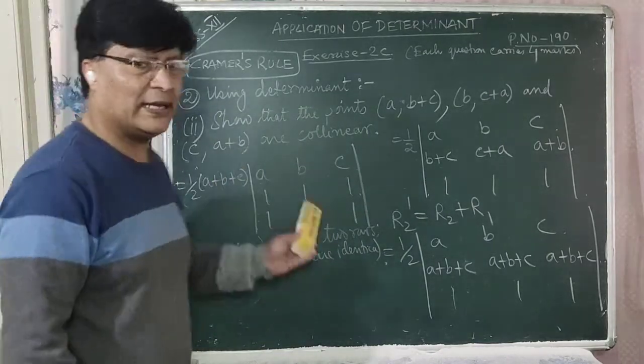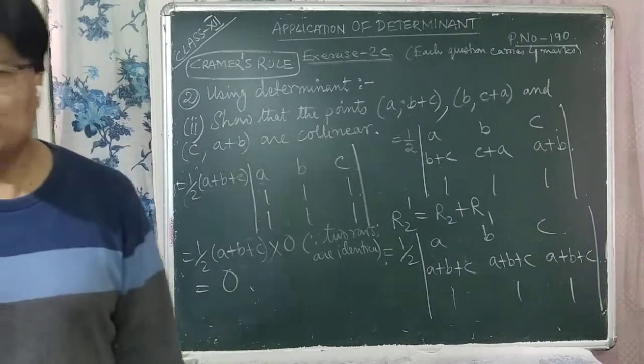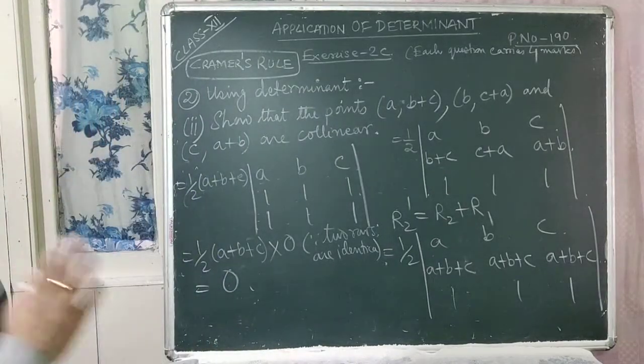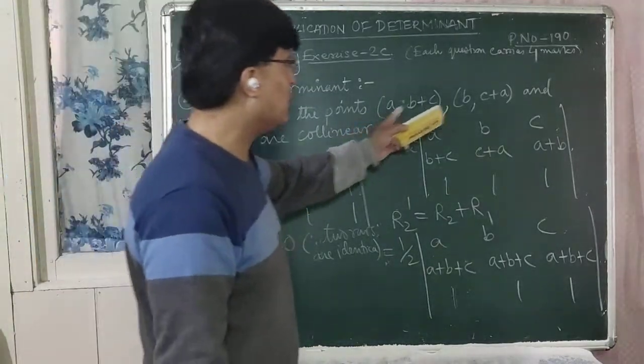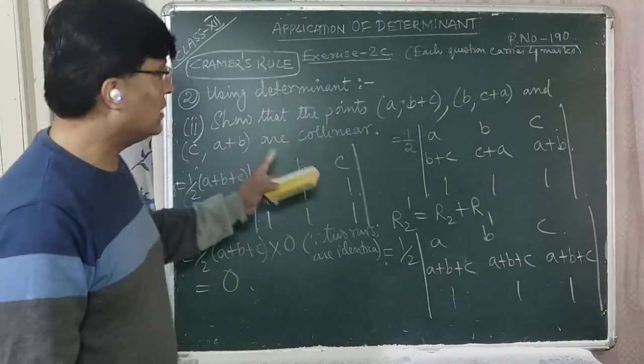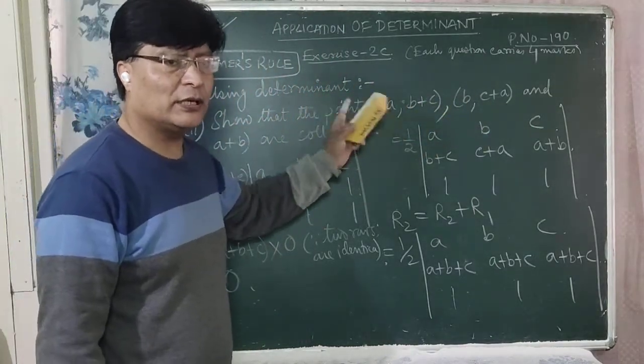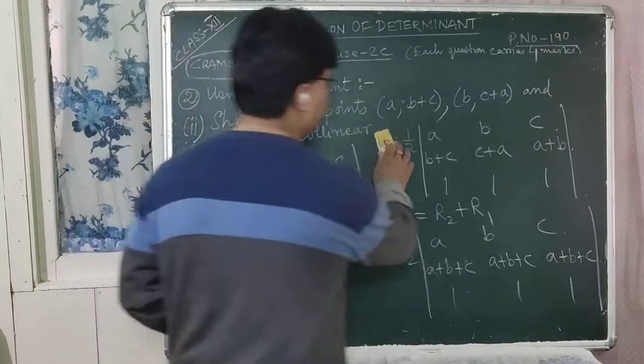That means area of the triangle is 0. So what can you write? If the area of the triangle formed by these 3 points is 0, then you can write down that the 3 given points are collinear.